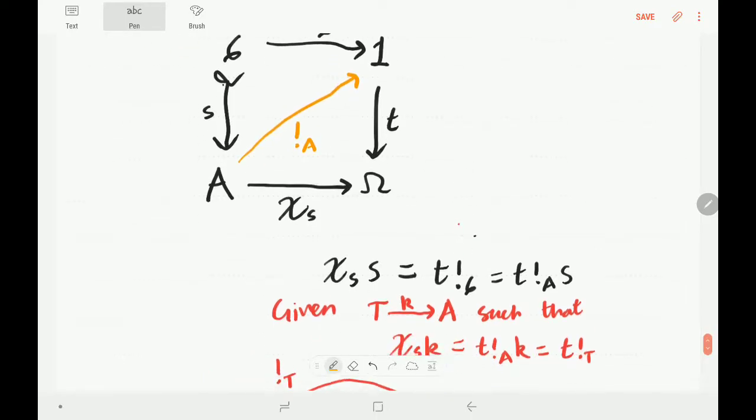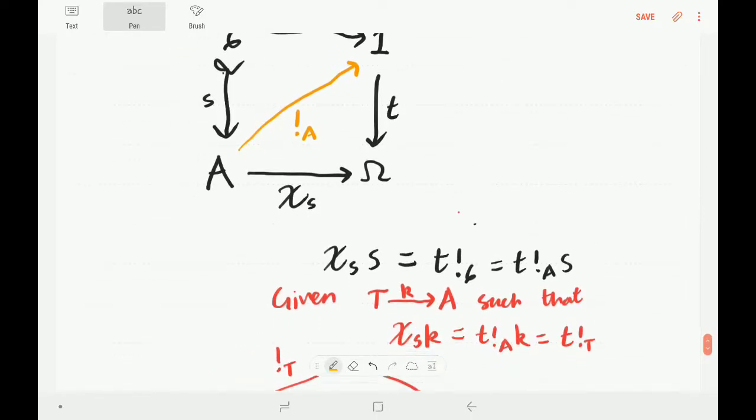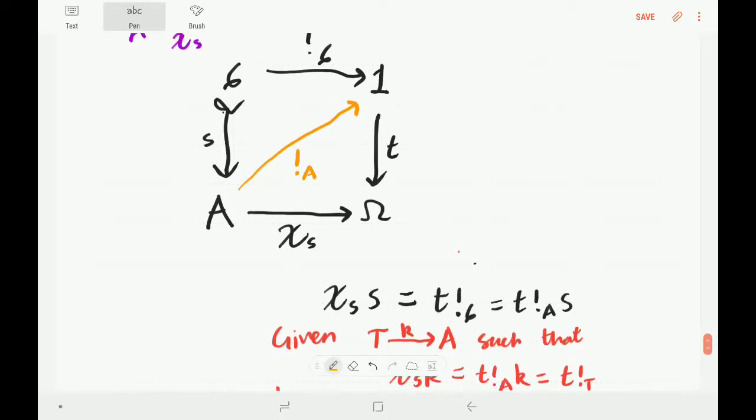So let's see if we can see this. Firstly, chi of S after S, from the commuting of this square, is T after exclamation mark zeta.